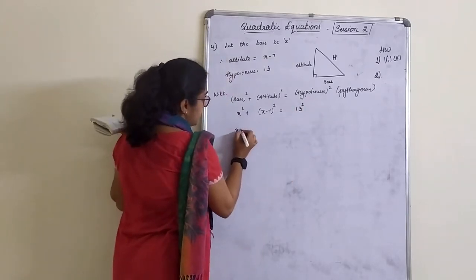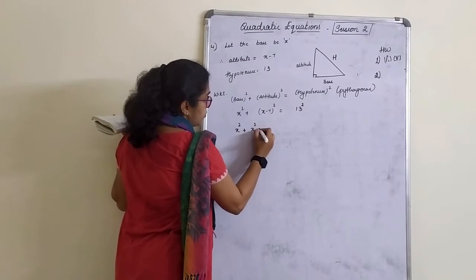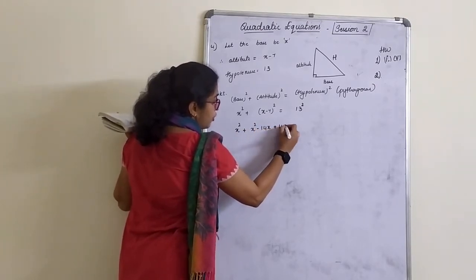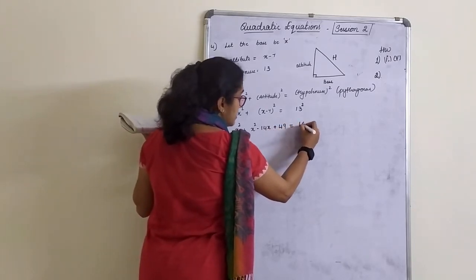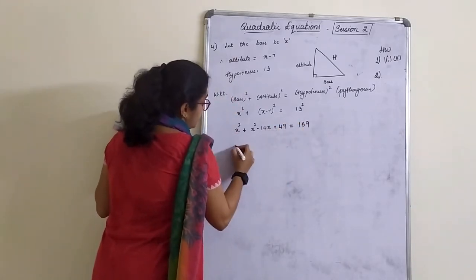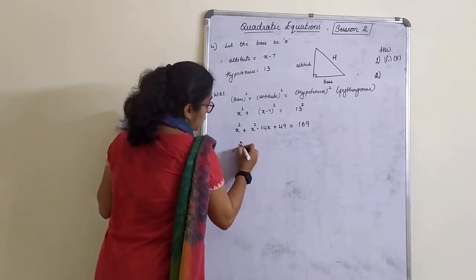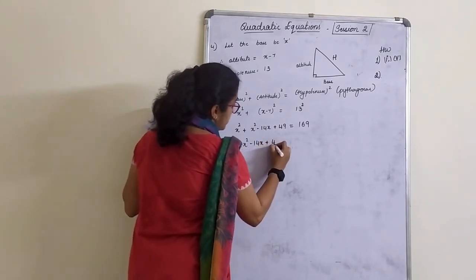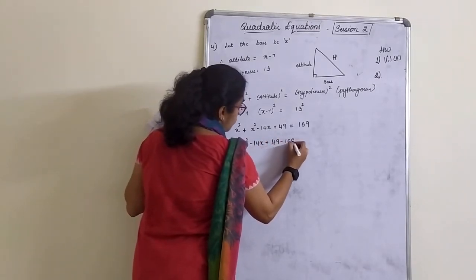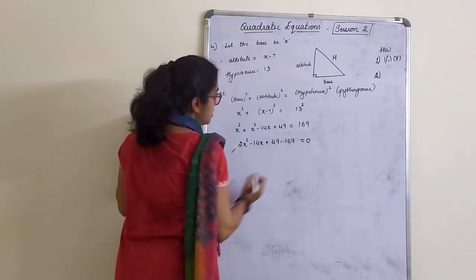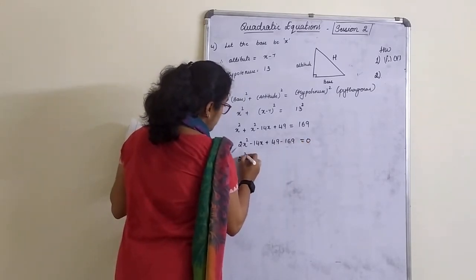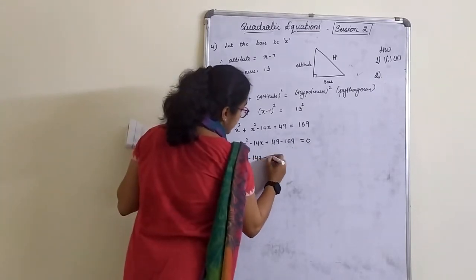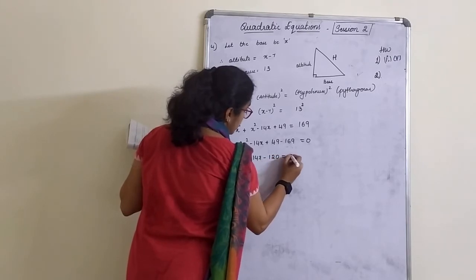Now split this. x square plus x square minus 2 times 7 is 14x plus 49 is equal to 13 square, which is 169. x square and x square will give you 2x square minus 14x plus 49 minus 169 is equal to 0. 49 minus 169 is minus 120, so 2x square minus 14x minus 120 is equal to 0.